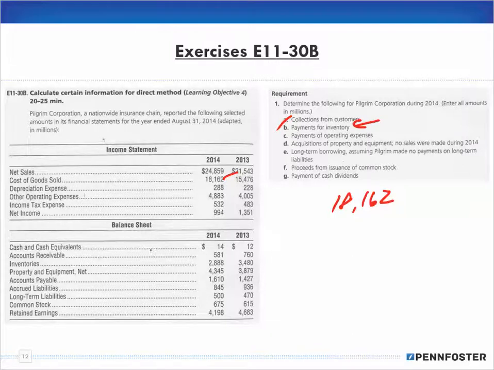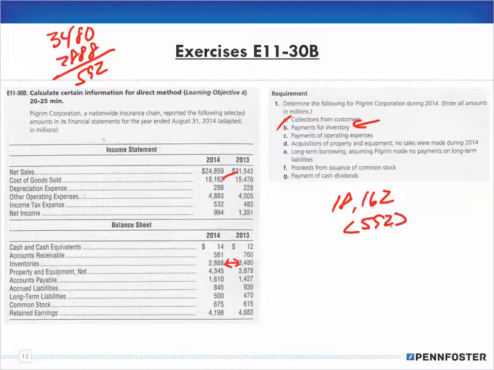Then we have to look at the increase or decrease in inventory. If I had started out with 3,480,000 and now I have 2,888,000, my inventory decreased by 592, so I subtract out that decrease in the inventory of 592. The other thing that affects my inventory is my accounts payable. What was the increase or decrease in my accounts payable?